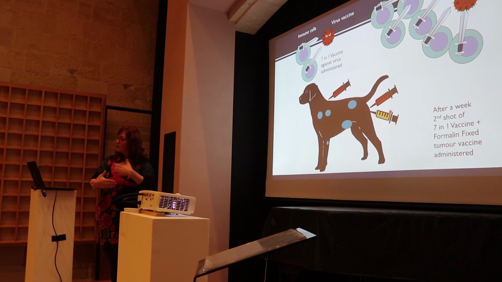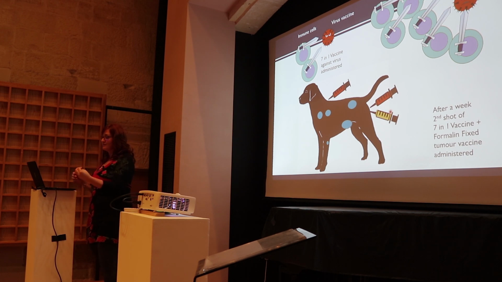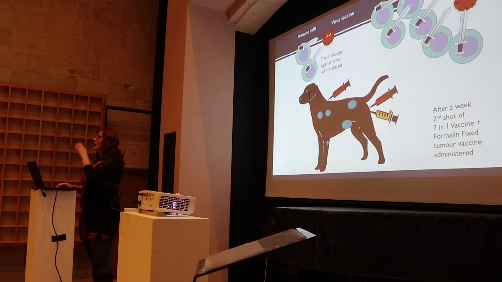Because the body already knows it needs to attack chickenpox because it's bad, it will also attack the cancer ingredients, the cancer fragments. This way, you are teaching your immune system to attack the cancer, and from then on your own immune system will attack the cancer cells. Your own cancer, so this is a very specialized treatment.